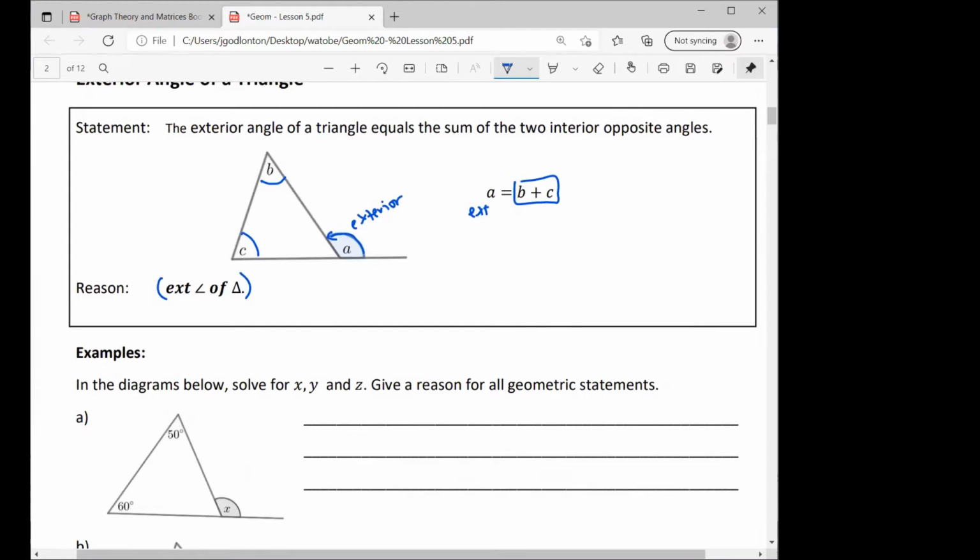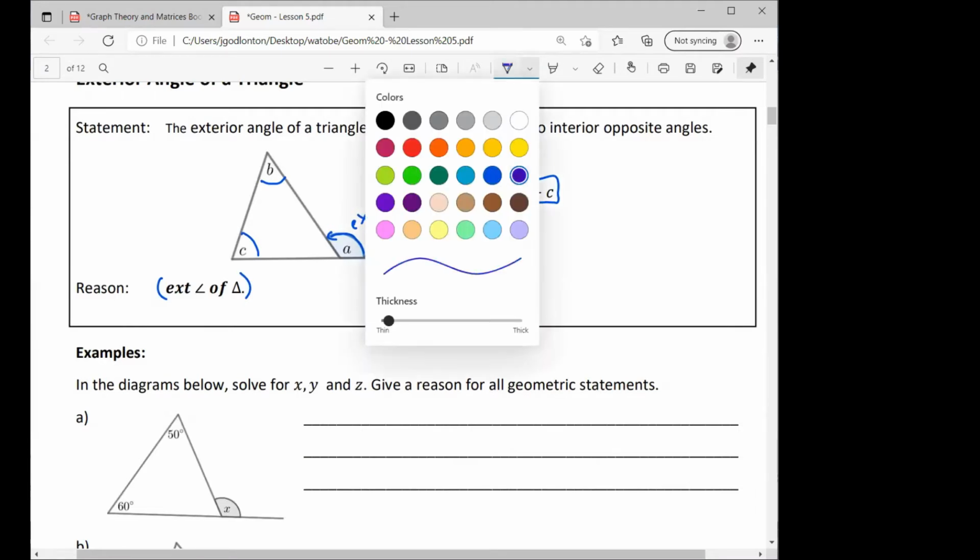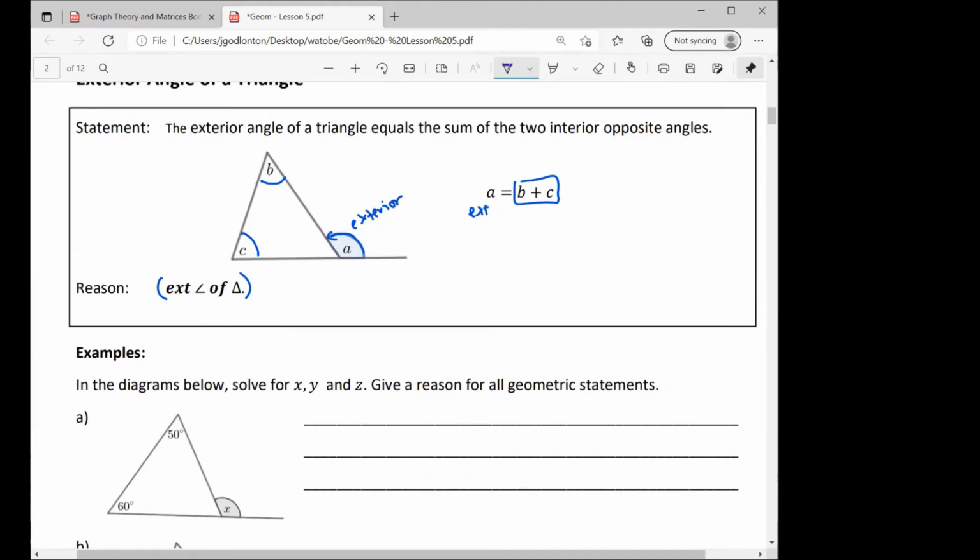Like all of our new rules, when we learn one, I'm going to do the first one with you, and then I'm going to let you try the second one alone. The important thing is that when we have this reason, EXT, that means exterior, so we have to have an outside angle. If we're looking at this triangle, this angle here is my exterior angle, and my exterior angle is equal to the sum of my two interior angles.